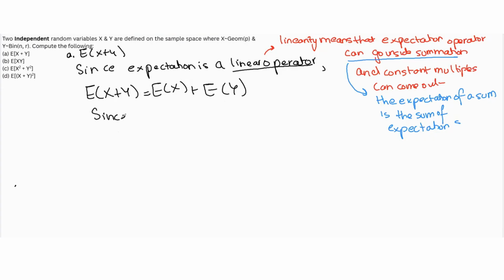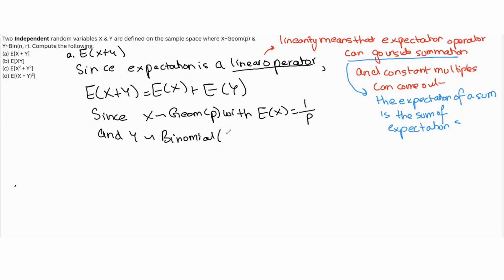Now, since we're told that X is a geometric random variable with parameter p, its expected value is 1 by p, where p is its parameter, the probability of success. And Y is binomial and it has two parameters. The number of trials is n and the probability of success is r.